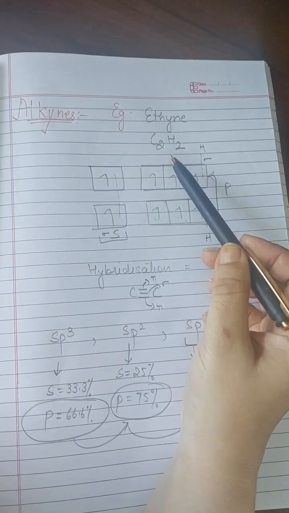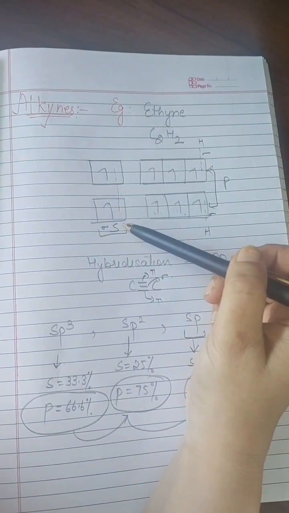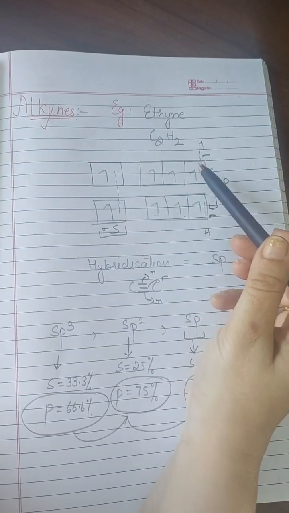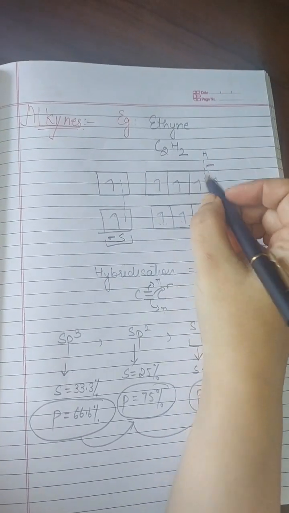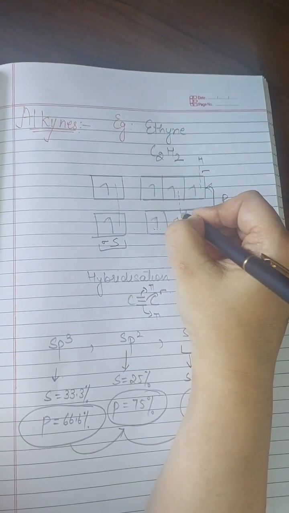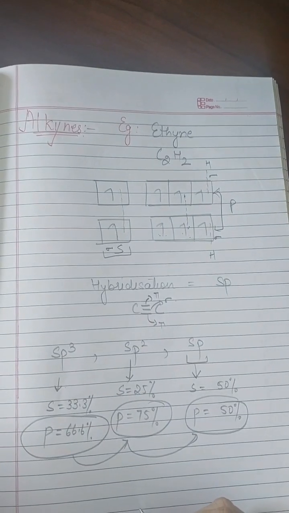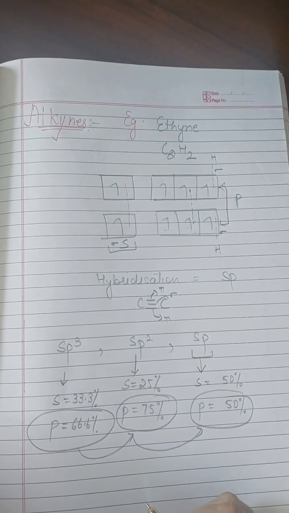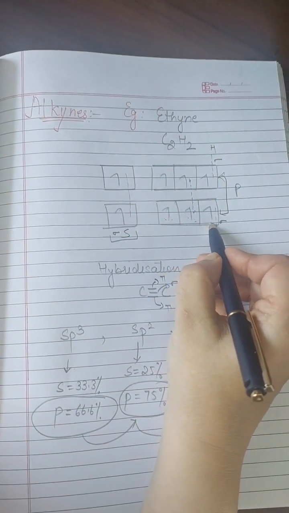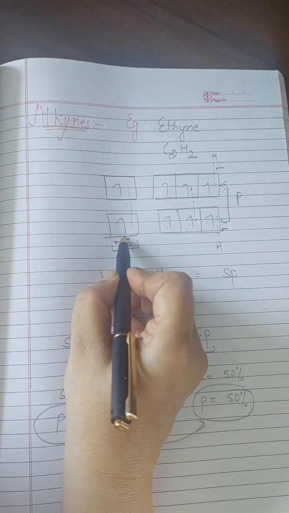In this compound, there is overlapping of different carbon orbitals, 2 in pi and 1 in sigma.